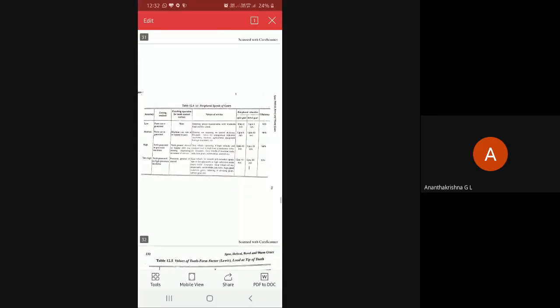It can be 12, it can be 13, 14, 15, 16, anything, such that Z2 is not a fractional value. You should select in such a way that Z2 is not a fractional value. Did you get my point? Yes, sir. So that is the first step, selection of number of teeth on pinion.